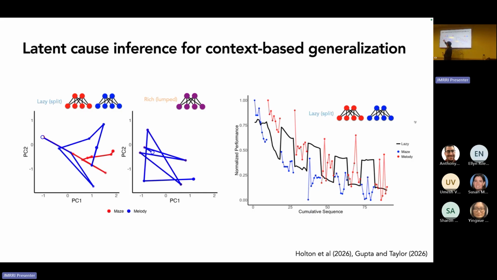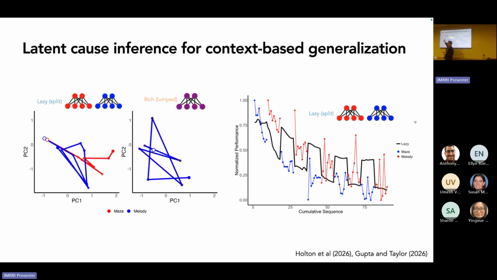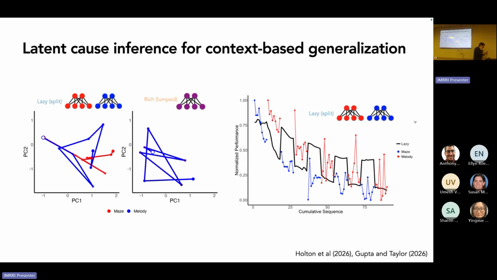When you're in the melody context, that's the space that you carve out, right? And the degree of overlap between these will tell you whether you generalize, whether or not the person thinks these two things are similar. That goes back to the original idea of Roger Shepard, that the closeness in your representational space will predict how well you generalize.